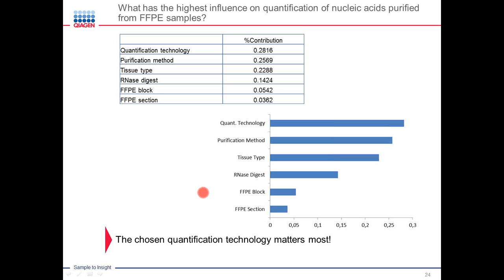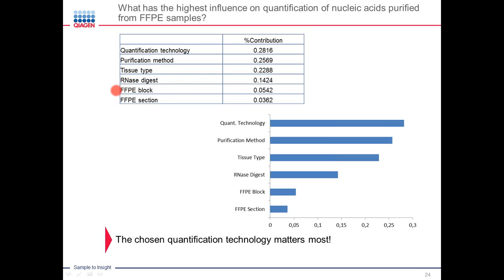The results of this analysis show that in our study, and this is shown in both the table and this bar graph, what mattered most was the quantification technology chosen, contributing 28% to the overall variability, followed by the purification method, so whether an automated process was chosen or samples were processed manually, and then by tissue type, which is still 23%, and the RNA digest.